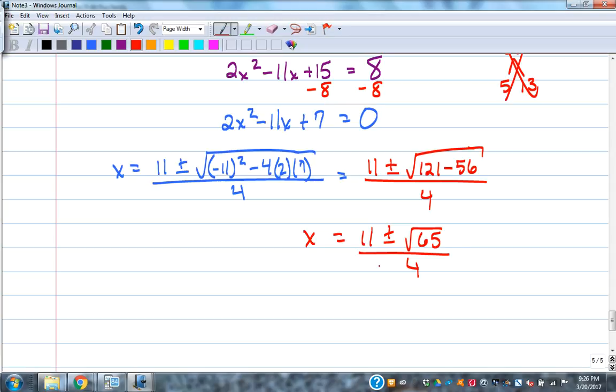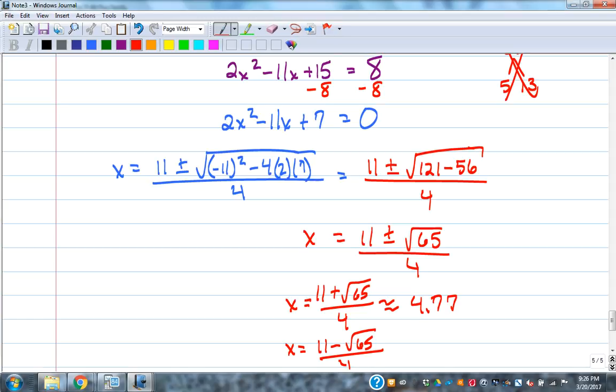If I got a decimal approximation for 11 plus the square root of 65 over 4, 11 plus the square root of 65 divided by 4, that's 4.77, and then the minus side is 0.73.